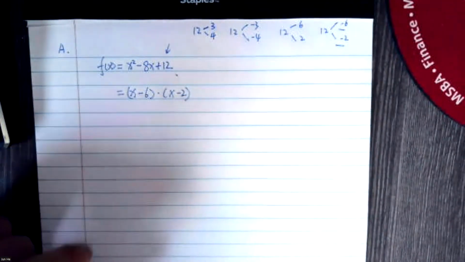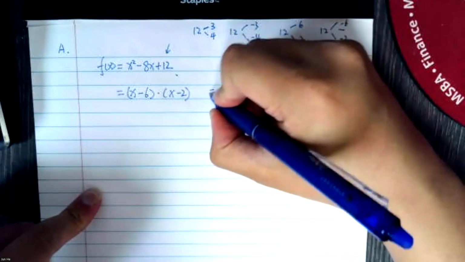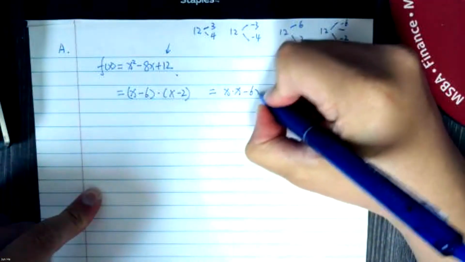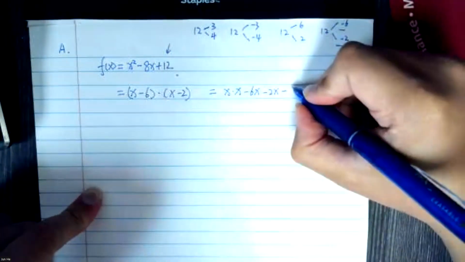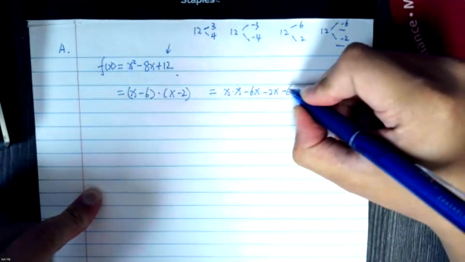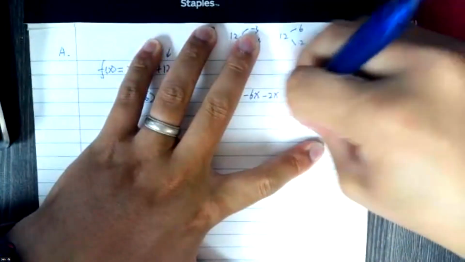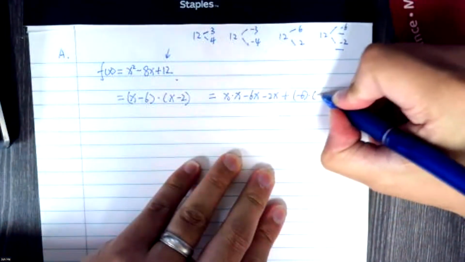You can double check just by expanding it. That is x times x, minus 6x, minus 2x, plus minus 6 by minus 2.